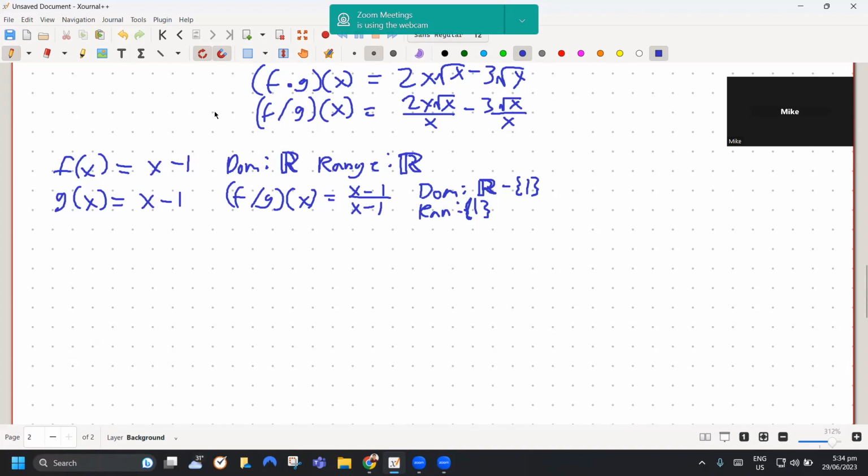Isa pa example, f of x is equal to 1 over x plus 1. Tapos, yung g of x is x squared.